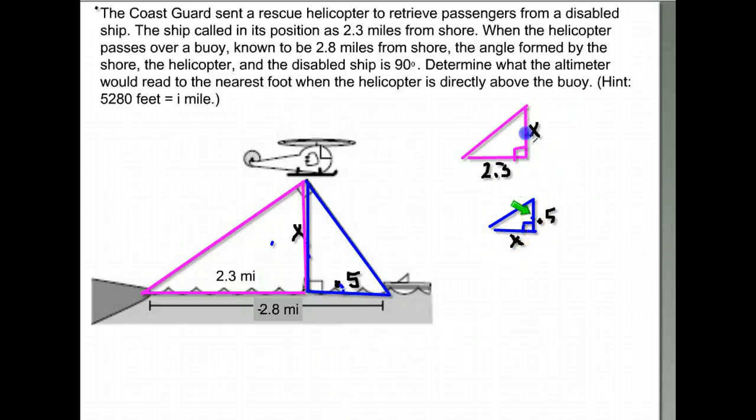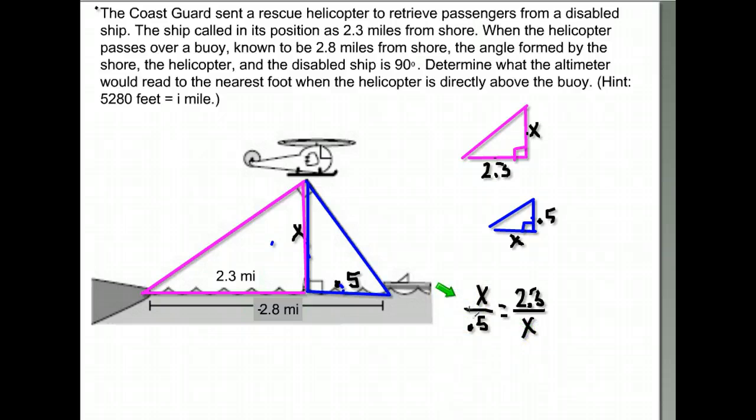So if I take the short side of this triangle and put it in a fraction with the short side of this triangle, short with short, it should be equal to the long side of this one, which was 2.3, over the long side of this one, which was X.